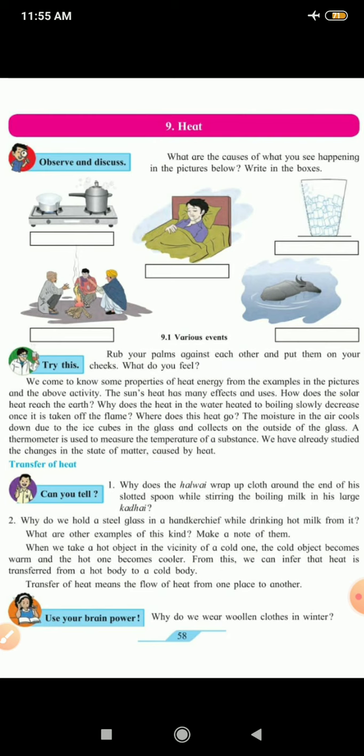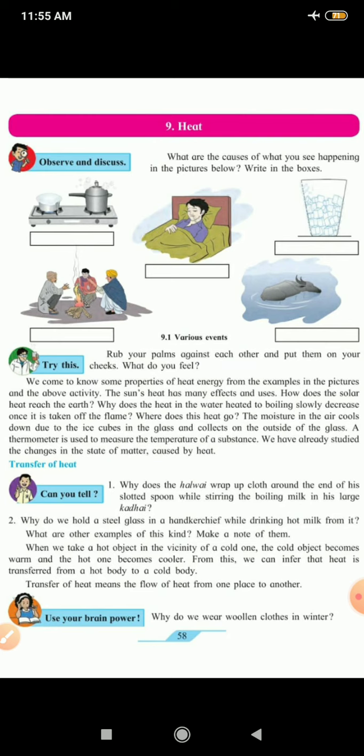The sun's heat has many effects and uses. How does the solar heat reach the earth? Why does the heat in the water heated to boiling slowly decrease once it is taken off the flame? Where does this heat go?